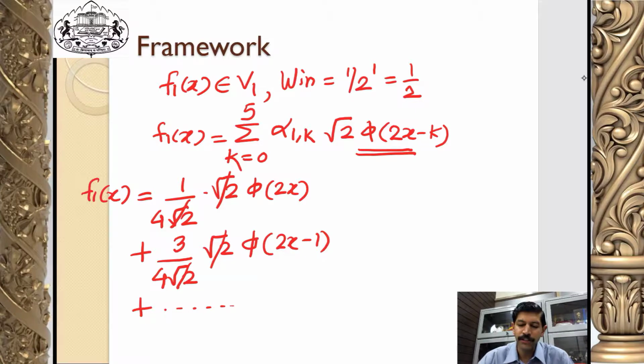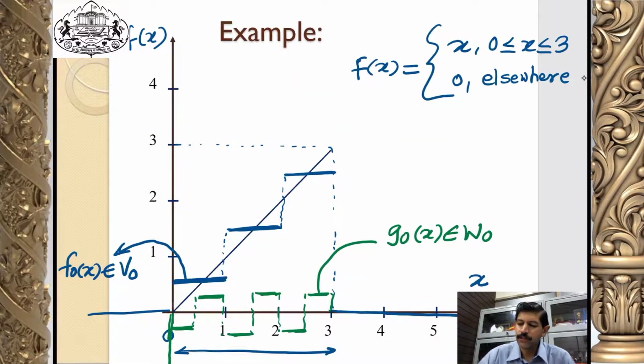Now let's plot these and superimpose these on the original signal that we started working with. So this is the signal, and between 0 and half it is 1 by 4, and then it is 3 by 4, and then 5 by 4, and then 7 by 4, and then 9 by 4, and then 11 by 4.